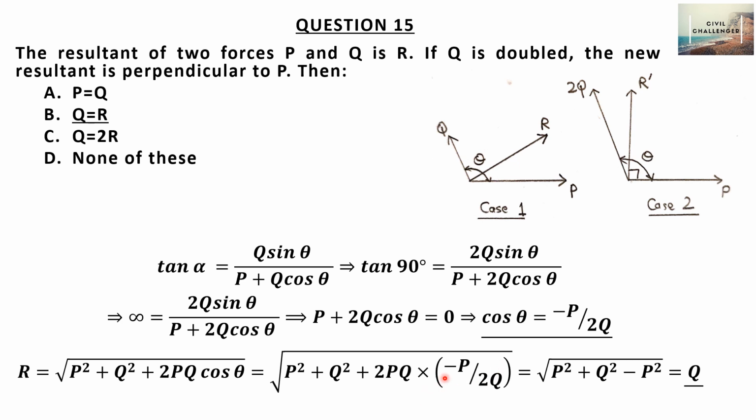Now if we simplify this, we will get square root of P square plus Q square minus P square, which will be equal to Q. Therefore the correct answer is option B.